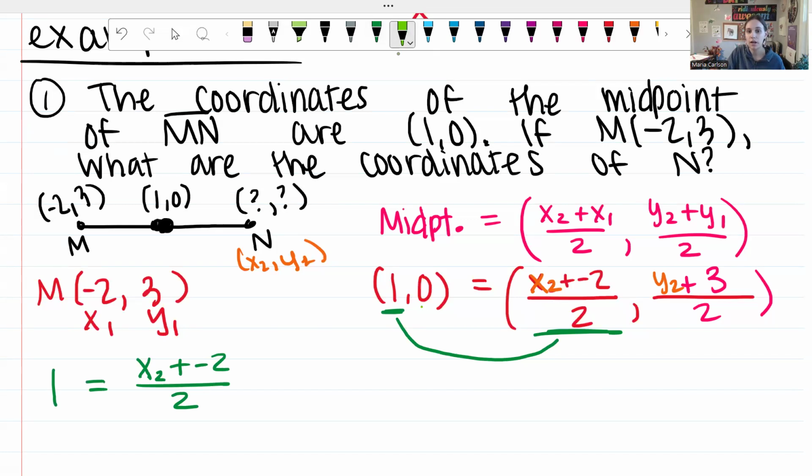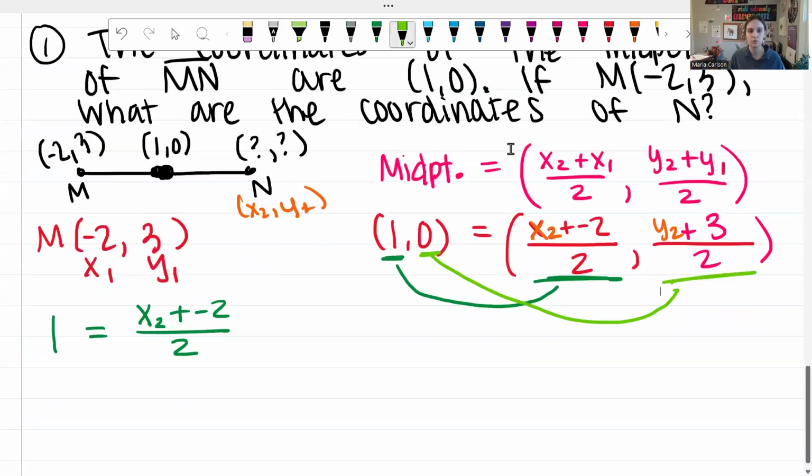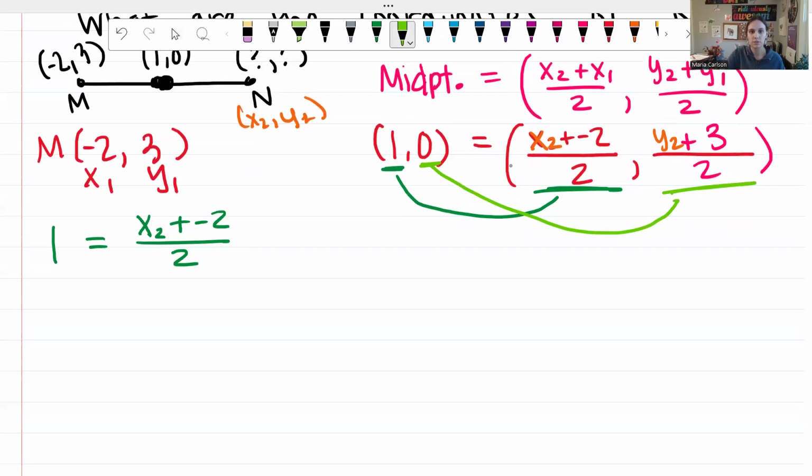And I know that the y coordinate 0 was found by taking y2 plus 3 and dividing it by 2. So I'm going to write that over here. Our y coordinate of 0 was found by taking y2 plus 3, dividing it by 2. So now I really have two different equations that I can solve for x2 and y2.